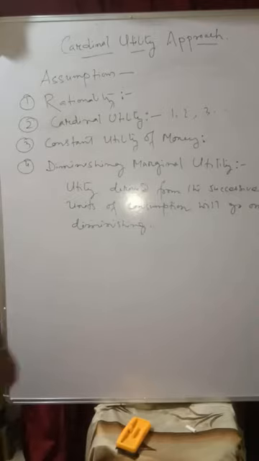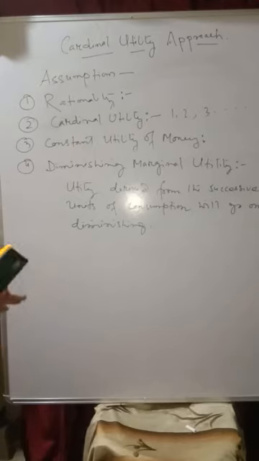So diminishing marginal utility means utility derived from the successive units of consumption will go on diminishing.